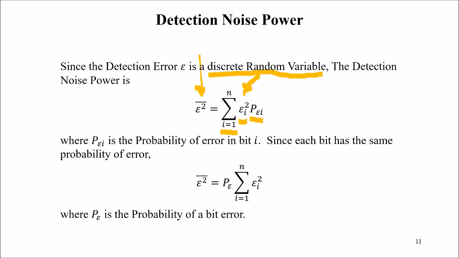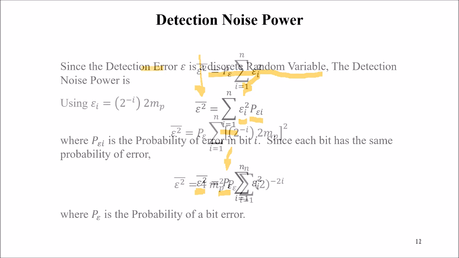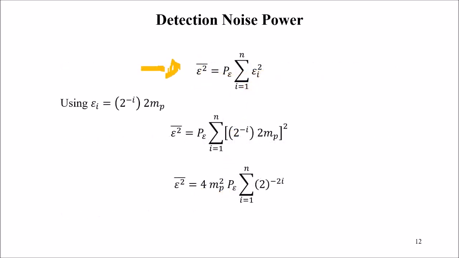Now we're going to take that each bit has the same probability of an error, so P sub epsilon is a constant value over the summation, so we can bring it out in front of the summation. So the detection noise power is equal to the probability of a bit error times the summation of epsilon I squared. So using this equation for the detection noise power, and we've determined that the error for each bit is equal to 2 to the minus I times 2 MP.